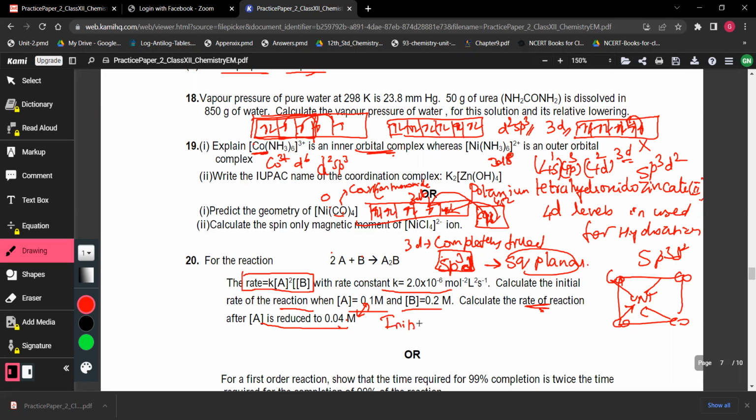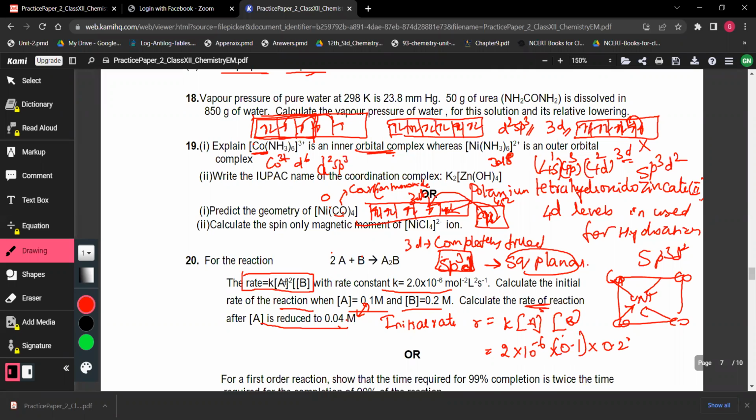Initial rate of this particular reaction R is equal to K into concentration of A at that initial time, A into concentration of B. The rate constant value they have already given, 2 into 10 power minus 6, into A concentration initially 0.1, B concentration initially 0.2.